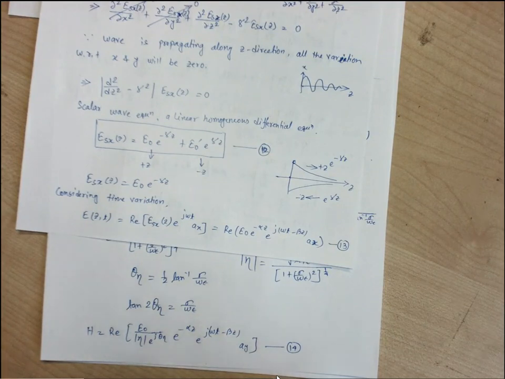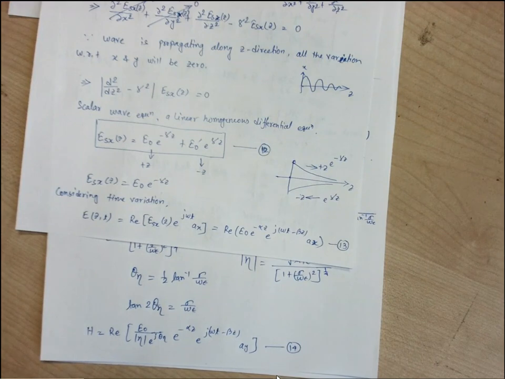It is having minus beta z. So somewhere if you find plus beta z, for a lossless condition, obviously this e to the power alpha z will be 0. So if omega t plus beta z is there, you need to assume that the wave is propagating in the opposite direction, that is in the minus z direction. If minus beta z, then it is plus z direction. If plus beta z, that is minus z direction.